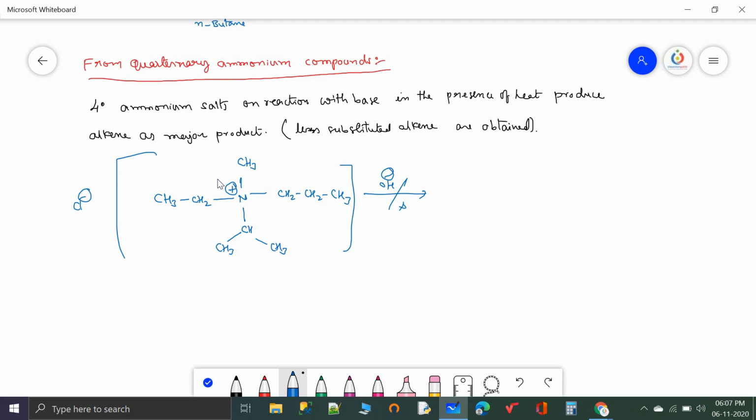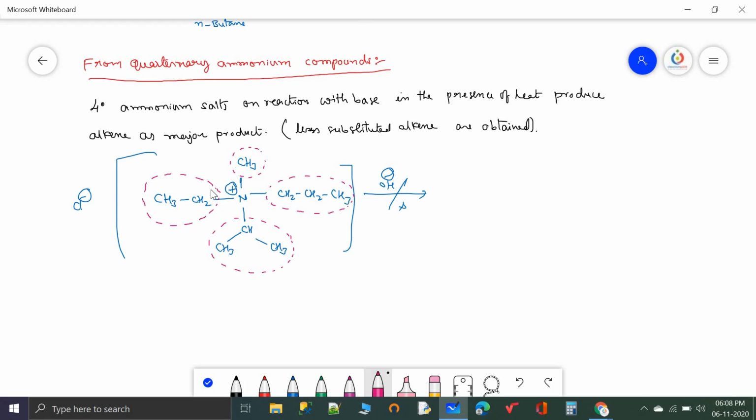In this quaternary ammonium salt, we need to identify the type of the alkyl groups. This is one alkyl group with one carbon atom, so that it cannot develop the double bond. This is an alkyl group with 3 carbon atoms. This is also an alkyl group with 3 carbon atoms which are able to develop the double bond between any 2 carbon atoms, and this is one more alkyl group with 2 carbon atoms.